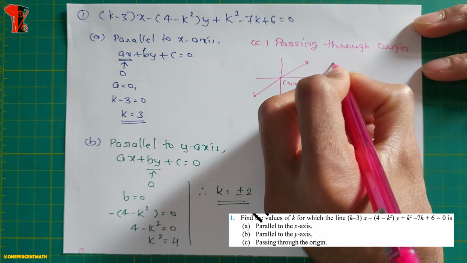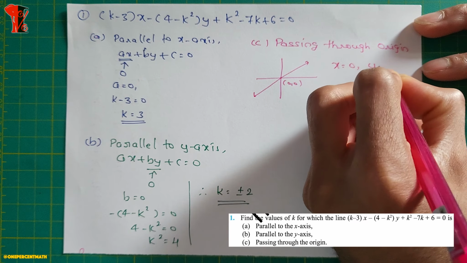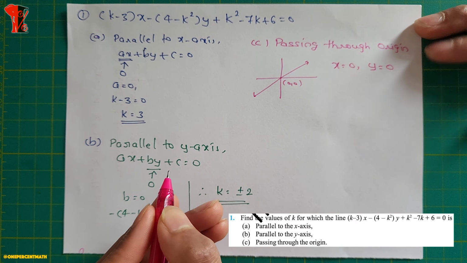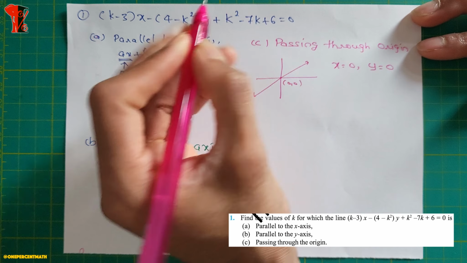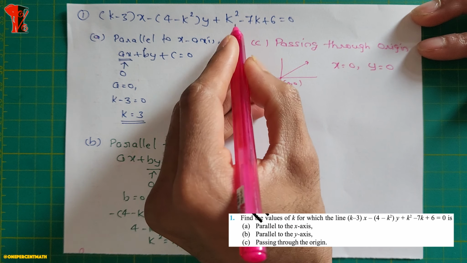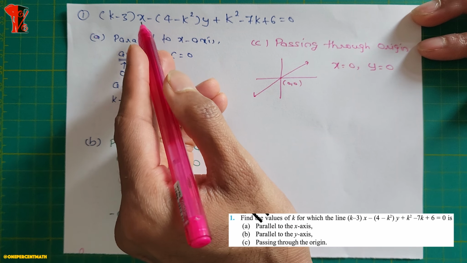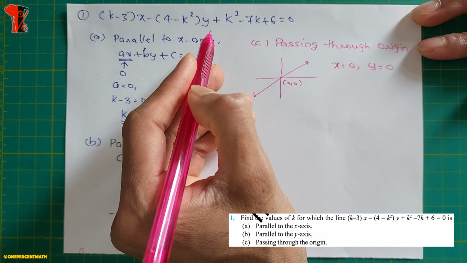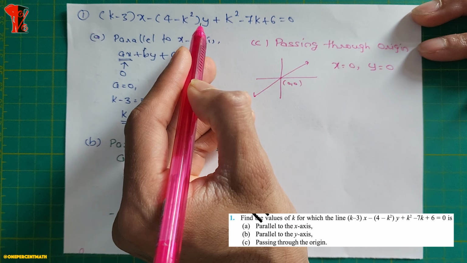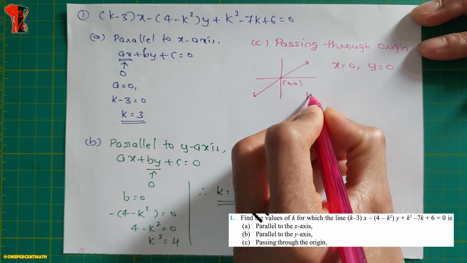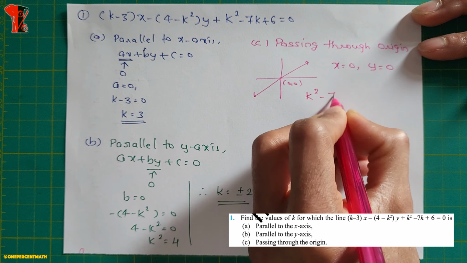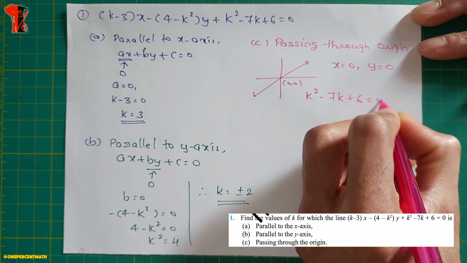That means here the x coordinate is 0 and the y coordinate is also 0. So only k square minus 7k plus 6 equal to 0 is left over. Because x is 0, this particular part is 0, and y is 0, so this part is 0. Therefore the remaining is only the constant term, k square minus 7k plus 6 equal to 0.